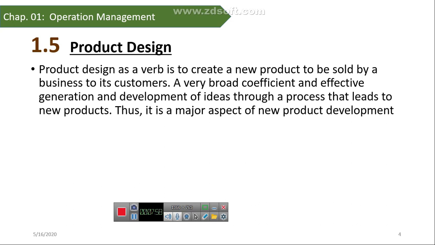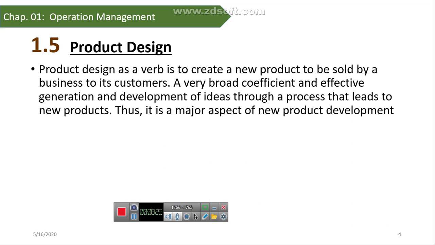Trends in product and service design: increase emphasis on customer satisfaction. Reduce time to introduce new products or services. Reduce time to produce a product.